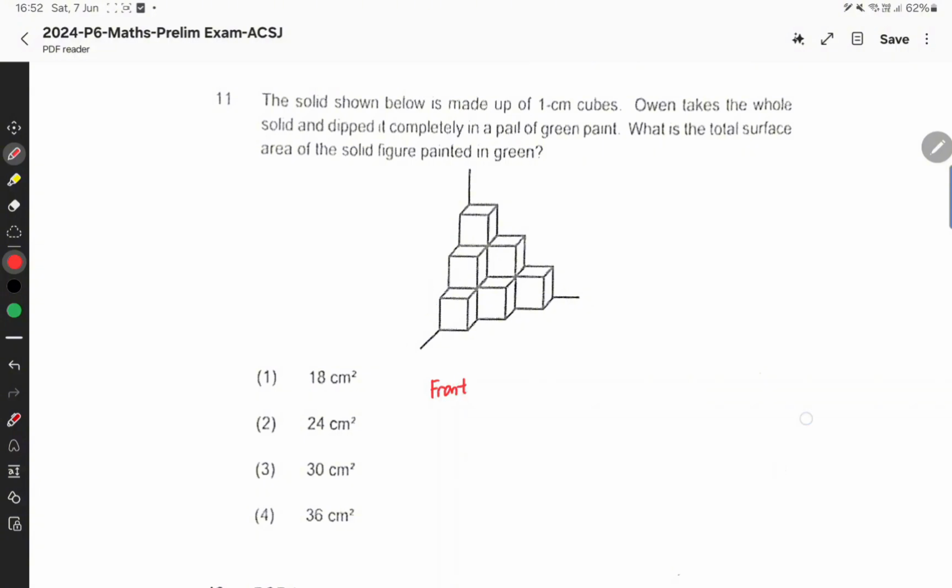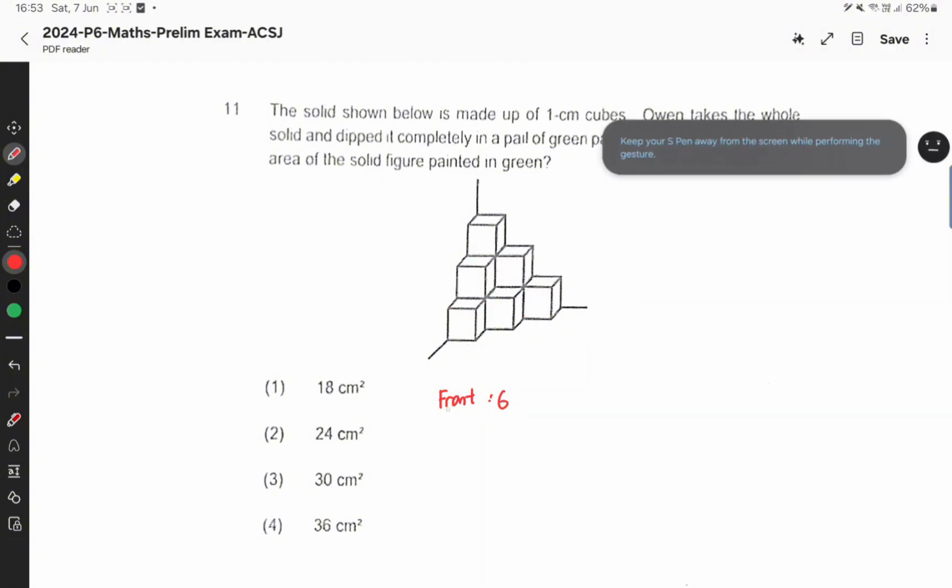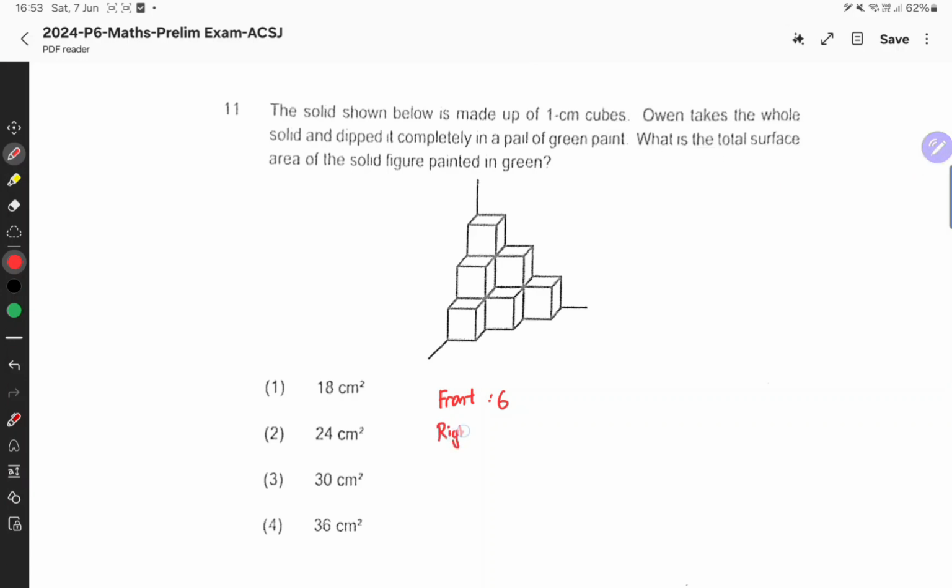What we can see is 1, 2, 3, 4, 5, 6. There are 6 areas. Now the side view, which is our right side, is another portion that we can see from this point of view. So we have 1, 2, 3, 4, 5, 6. Again, we have 6 sides that are able to have green paint.